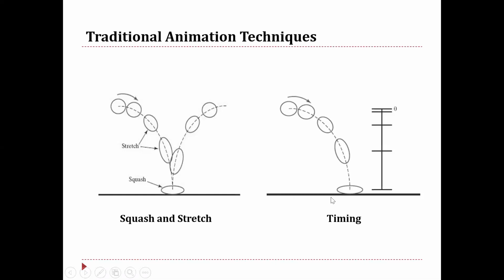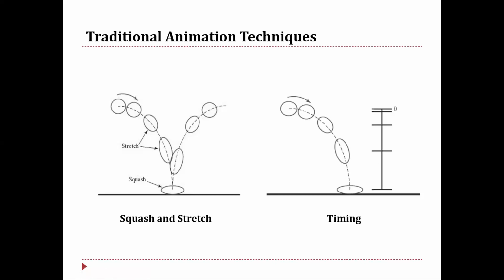Another technique used by film animators is timing, which refers to the spacing between the motion frames. A slower moving object is represented with more closely spaced frames, and a faster moving object is displayed with fewer frames over the path of the motion.